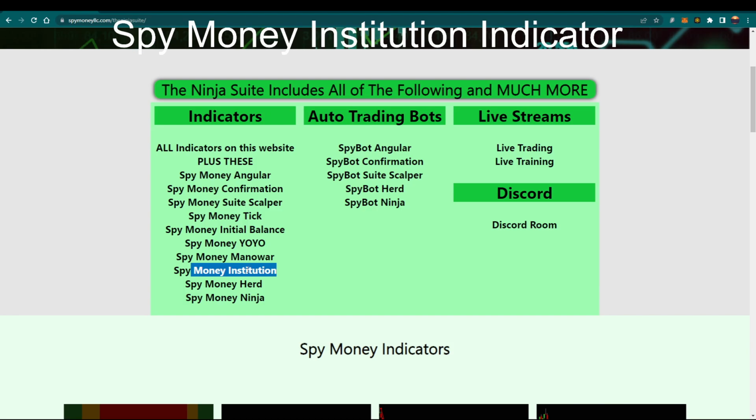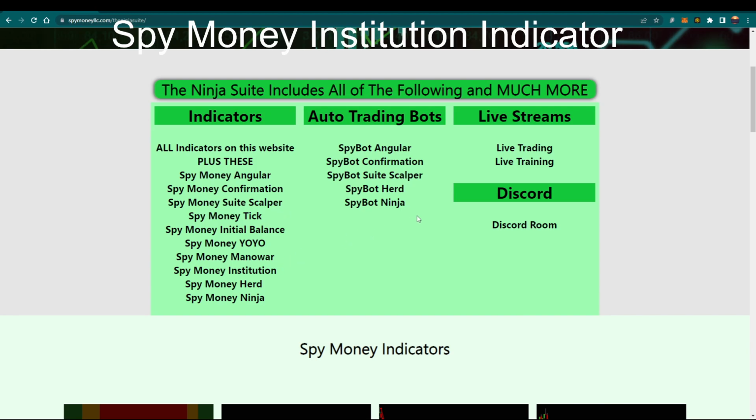I put that on there. I also have the zones indicator, which is not listed here. Those all come with the Spybot suite or the Ninja Suite, and the zones and the balance are included in this one up here, and that's why they're not listed. But those other two and the Sweet Scalper and the Institution, that's what I use to trade with daily.